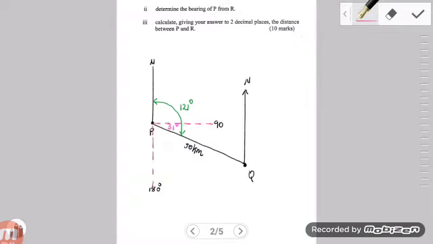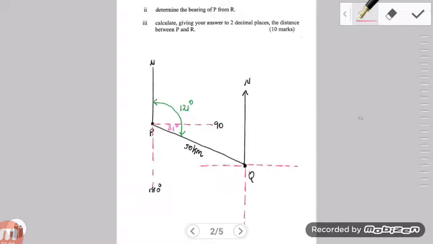So we're going to start off with our basic 90 degree guideline here. We're going to go to our 180. Then we're going to go to our 270. 320 is far bigger than 270.